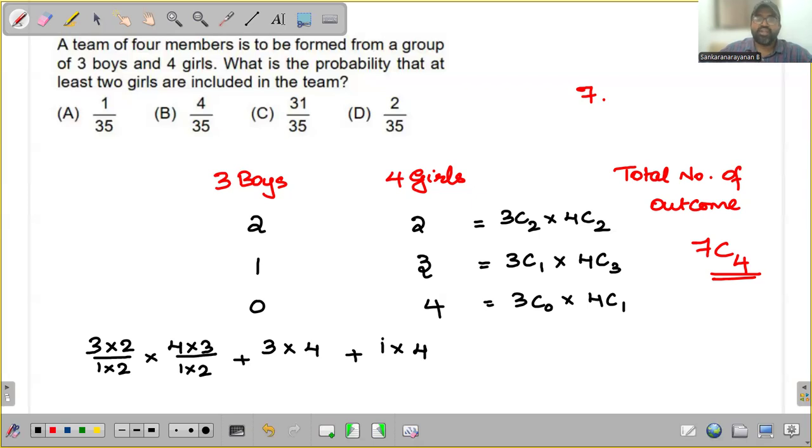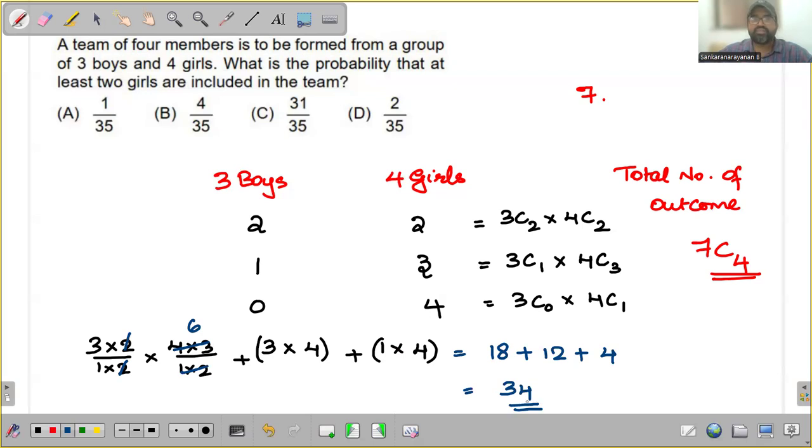I'm just finding out the number of ways. Here the 2 and 2 will go off. 4 3s are 12, 12 by 2 is 6. So 6 3s are 18. We can say the number will be 18 plus 12 plus 4. 18 plus 12 is 30, plus 4. The total number of ways this can be achieved is equal to 34.